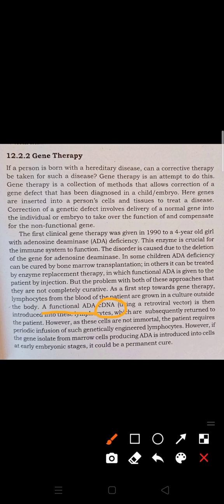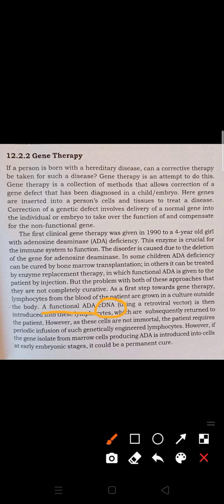So that's why we directly transfer cDNA. Okay, because we are using a retrovirus vector here. Children, different vectors are there, like bacterial vector or yeast vector, and one vector is the retroviral vector. Okay, so we use this ADA cDNA, adenosine deaminase cDNA.